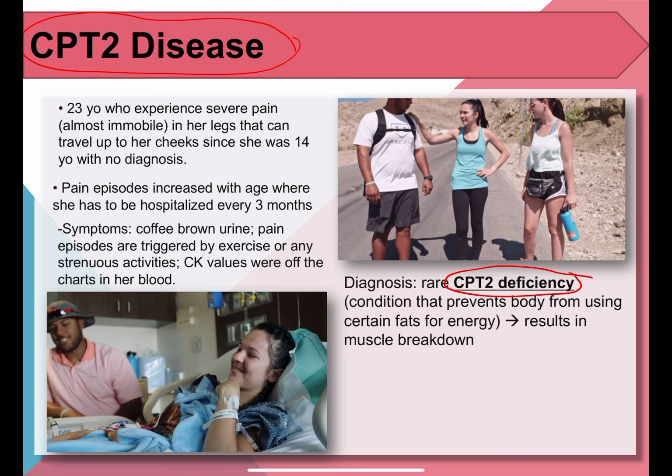Different types of metabolism diseases. For 9 years, she was tested for lupus, multiple sclerosis, because she was just experiencing pain that radiates up her body. So some people thought it was a nervous system related issue or a blood related issue because of her coffee brown urine. That's why someone thought it was lupus. But of course, all of those things came back as negative.